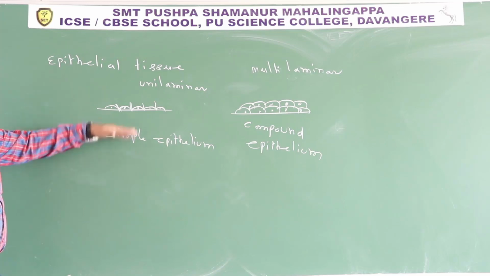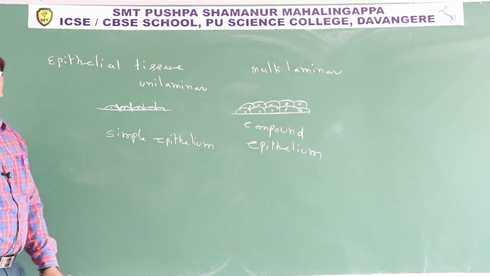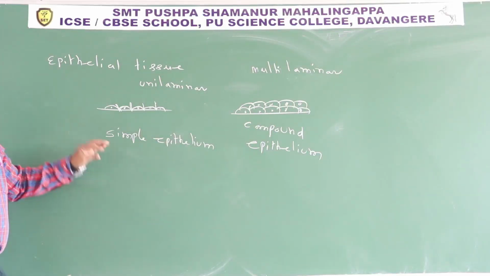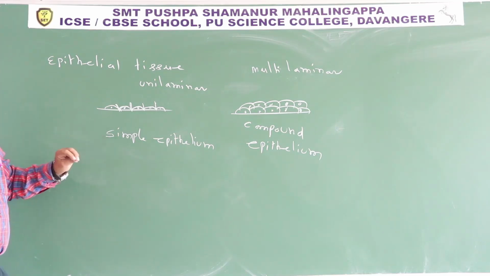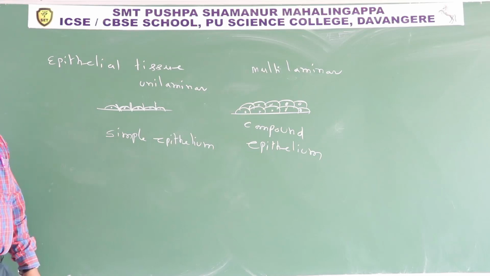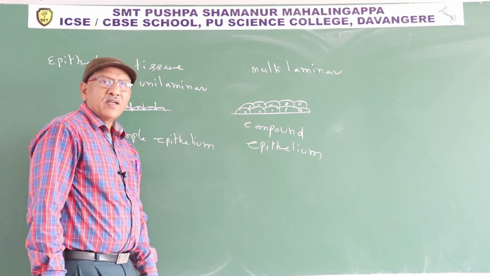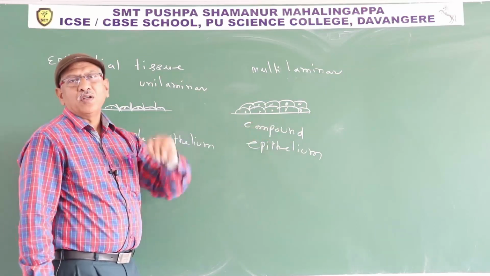Lamina means layers. Compound epithelium is multilaminar, means several layers. You can write like that, or in simple words: if cells are arranged in a single layer, it is known as simple epithelium. If cells are arranged in more than one layer in epithelial tissue, it is known as compound epithelium.